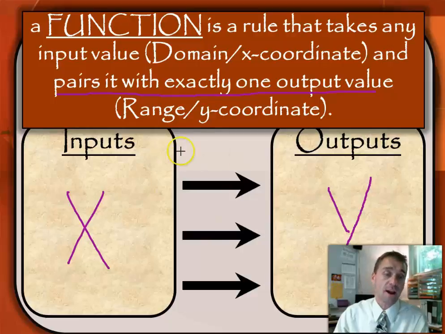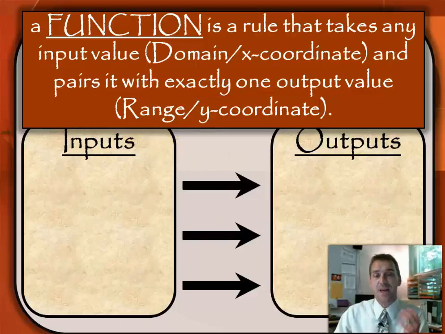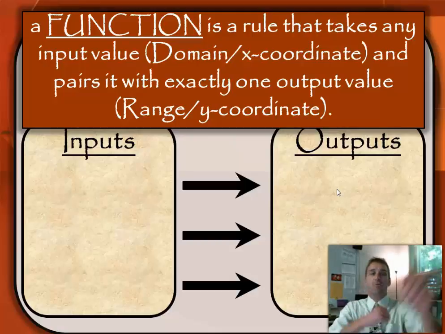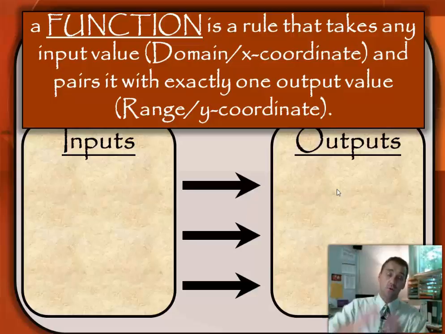So whatever the rule actually is, it takes that input over there on the left, does something to it, that's what the arrows mean, and outputs one particular thing. So you cannot have a situation where an input value is being paired with two things, or three things, or four, which you'll see some examples of very quickly.